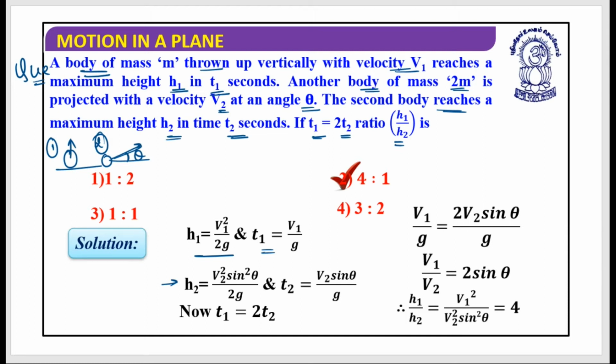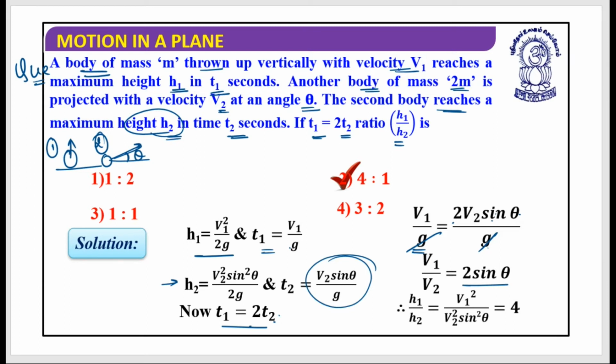It's t2 because here it takes us to the maximum height only, so it is v2 sine theta by g. Now according to the data they have given, t1 equals 2t2. So t1, it's v1 by g, is equal to 2 multiplied by v2 sine theta by g. If I solve this, v1 by v2 is equal to 2 sine theta.